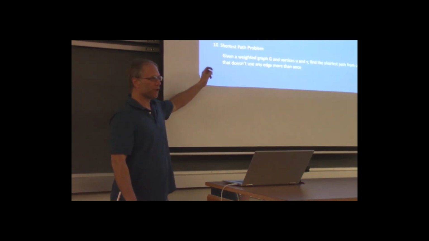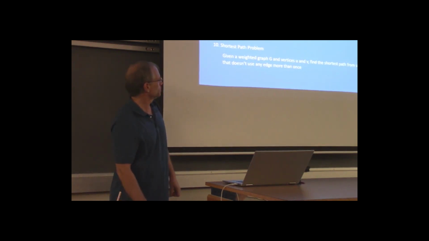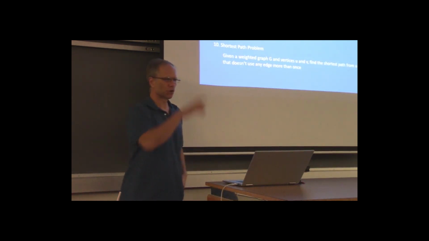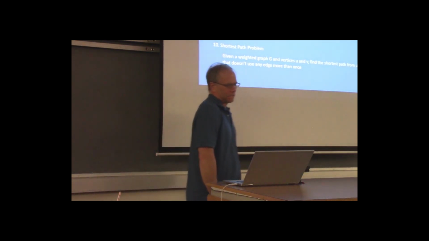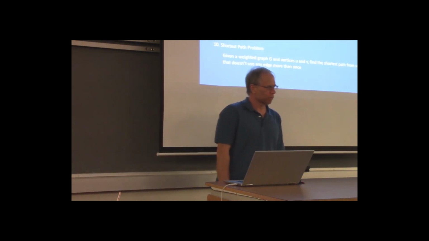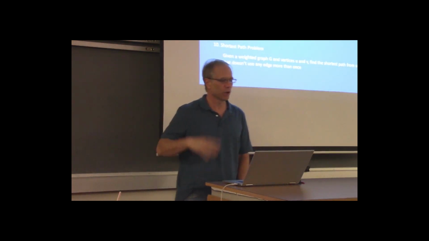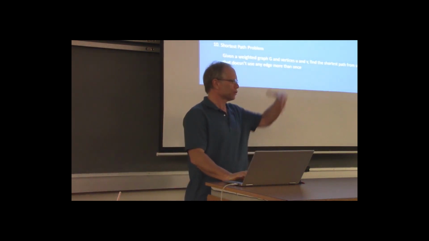It just says find the shortest path that doesn't use any edge more than once. So the shortest path that doesn't involve a cycle. So you could have a crazy path that tries to hit all the negative edges. So the general shortest path problem, no one's found an efficient solution. You put a little extra restriction on it, there is an efficient solution. Okay? So these are just examples of problems.